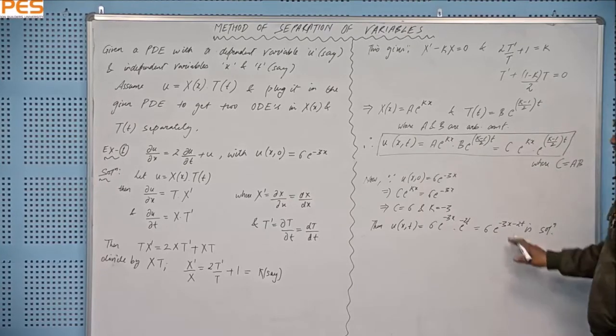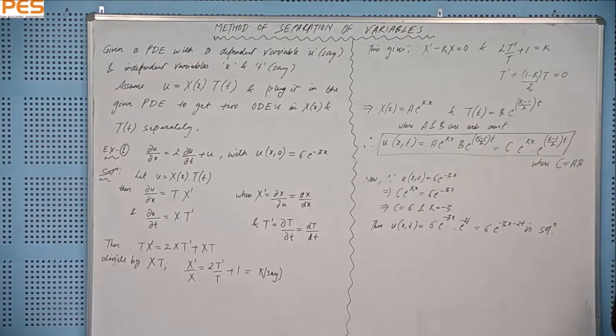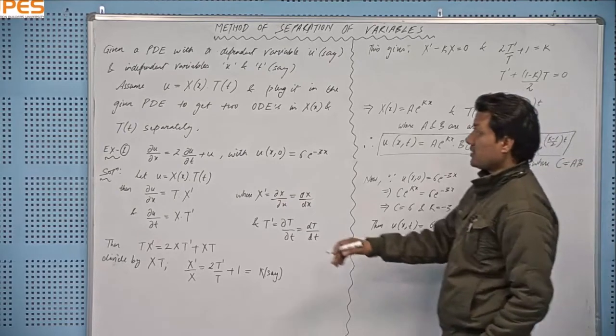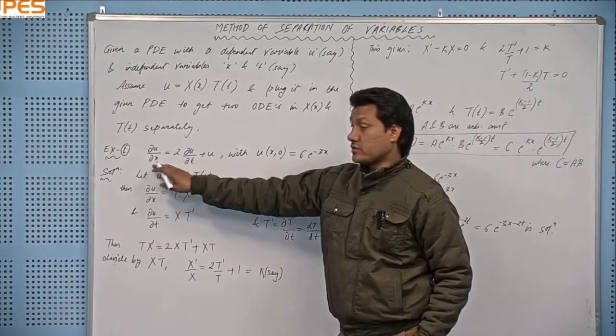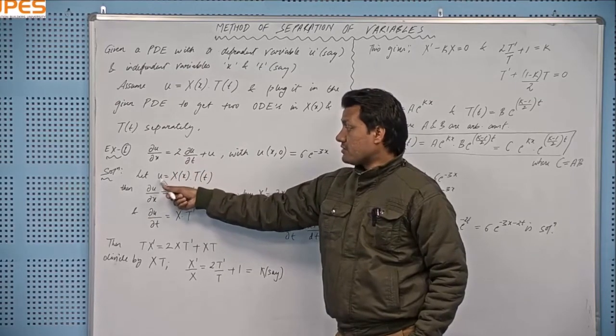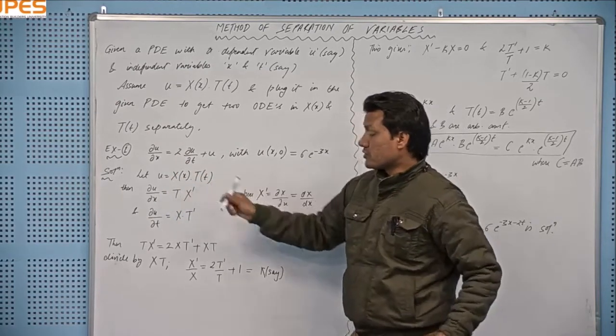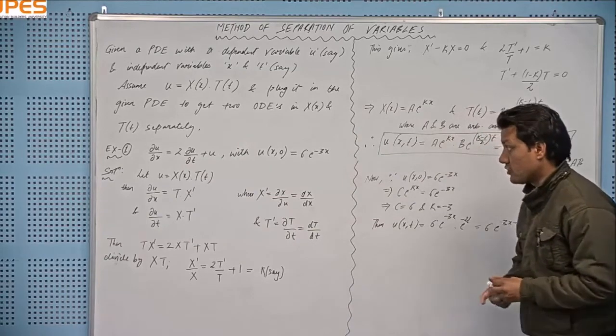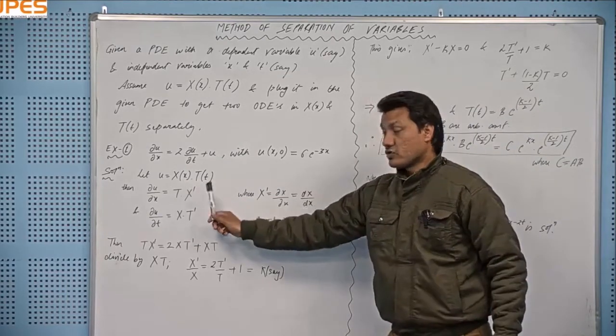Okay, so this is the required solution, and you can see that we were given a PDE that was luckily a linear PDE and the coefficients were constants, right? And then we started with a solution of this form. This is the product of two pure functions, one a function of small x and one a function of small t, right?